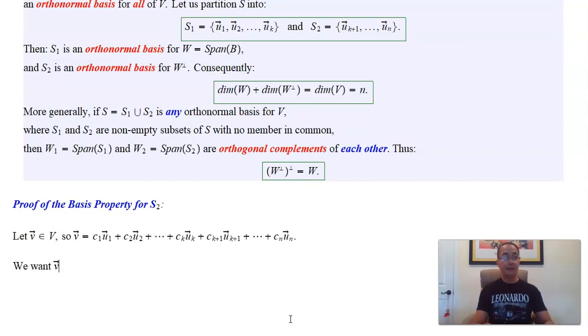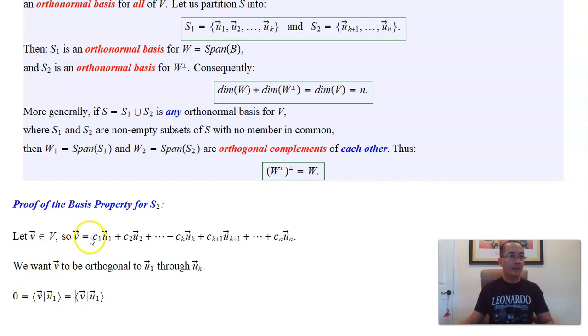We want v to be orthogonal to U1 through Uk, because U1 through Uk, we already know, is also a basis for W, and it's not just any basis, it's an orthonormal basis for W. So therefore, we want the inner product of v with U1 to be 0.